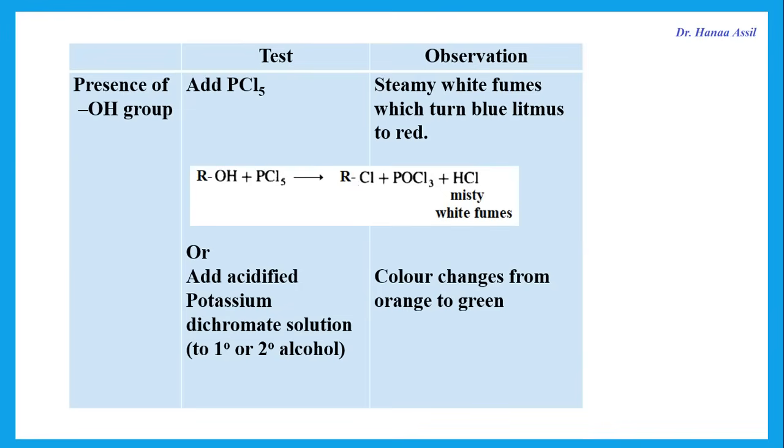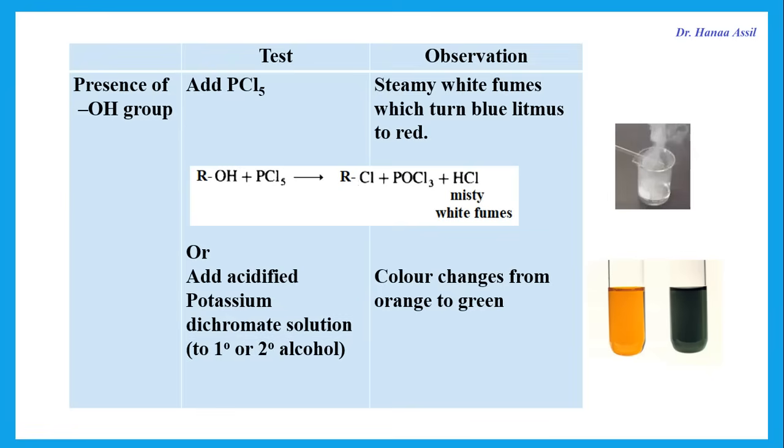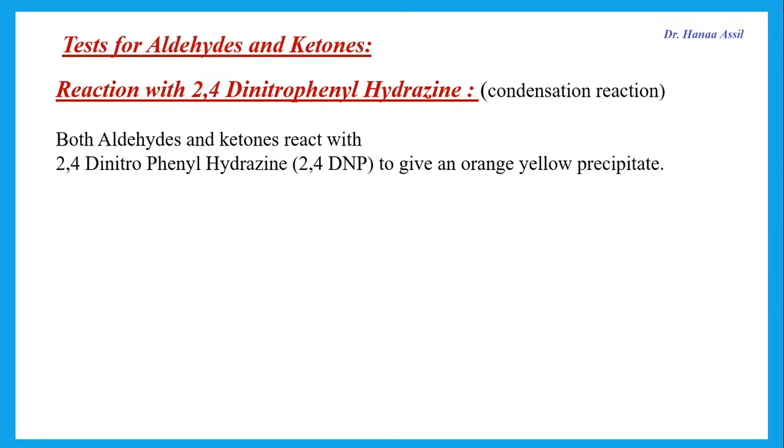You can add phosphorus pentachloride, PCl5. This gives steamy white fumes of hydrogen chloride. Or if we're talking about primary or secondary alcohol, then it can be oxidized by acidified potassium dichromate, which changes from orange to green. Please be familiar with all of this.